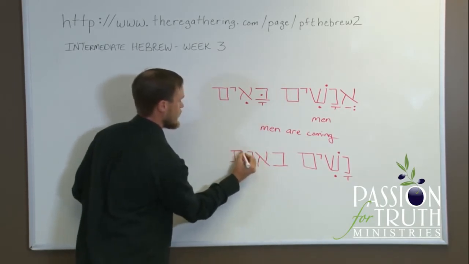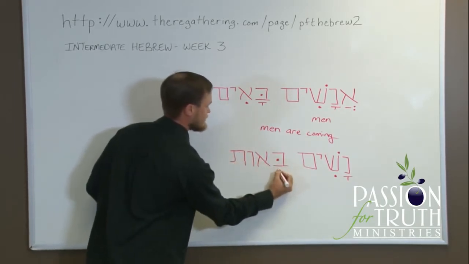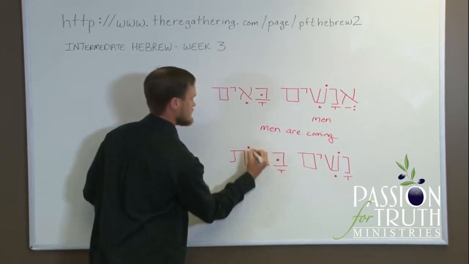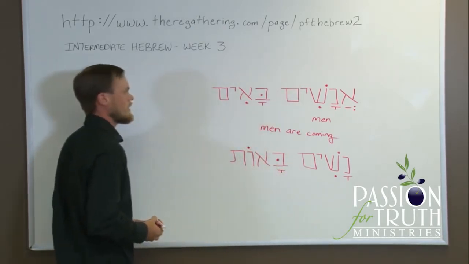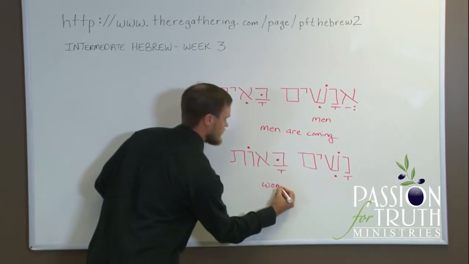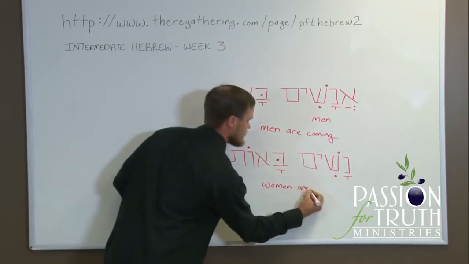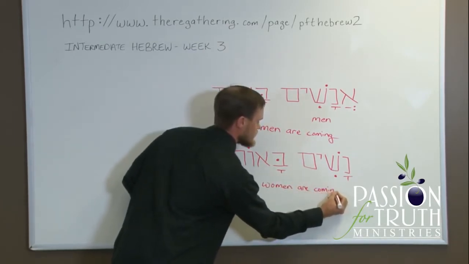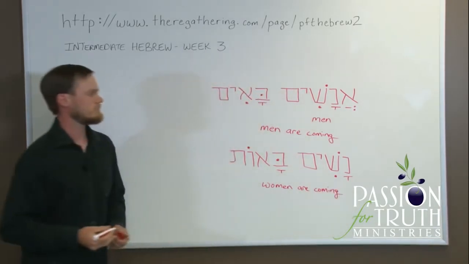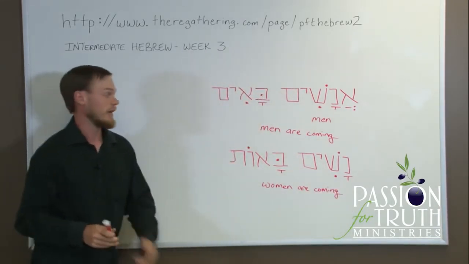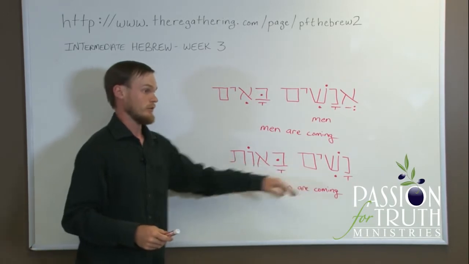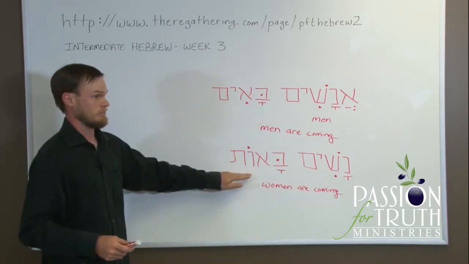And that's satisfied by ot. Okay? So even though nashim is an irregular plural, the verb still follows the standard form.